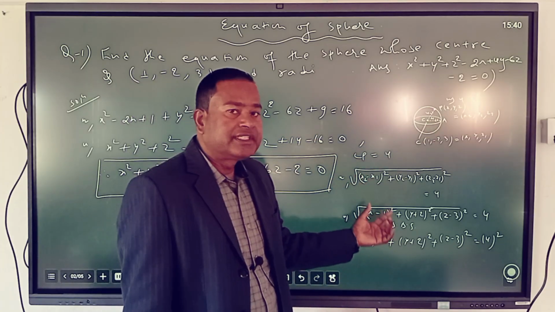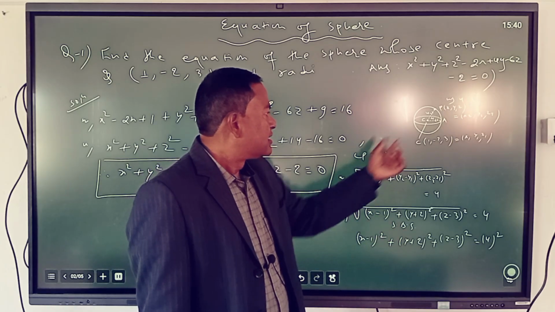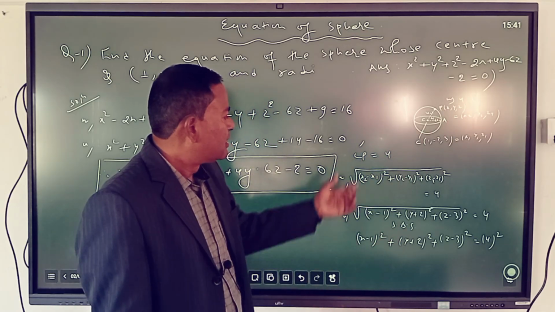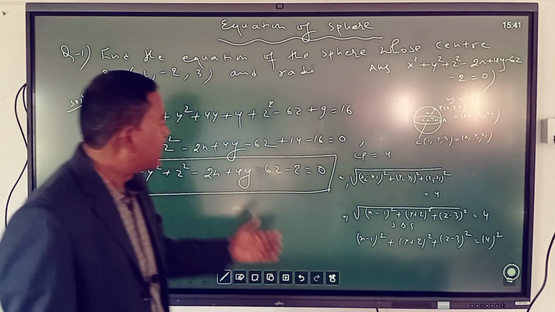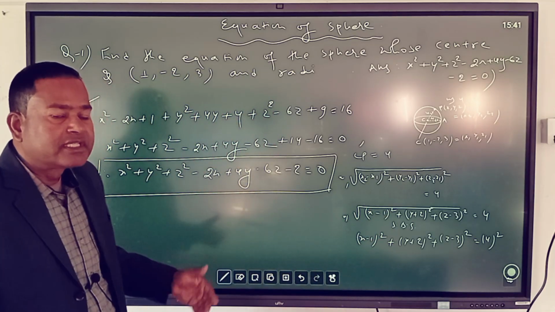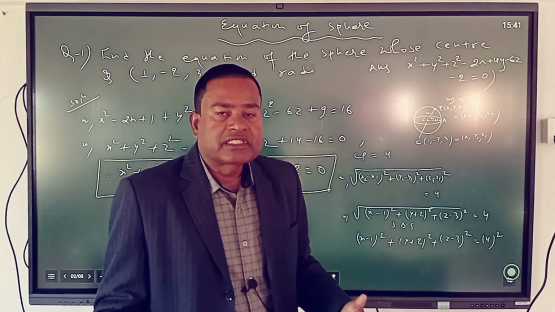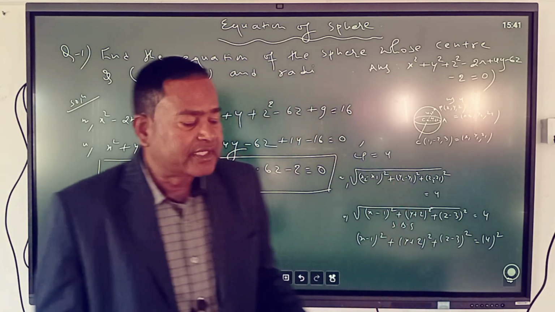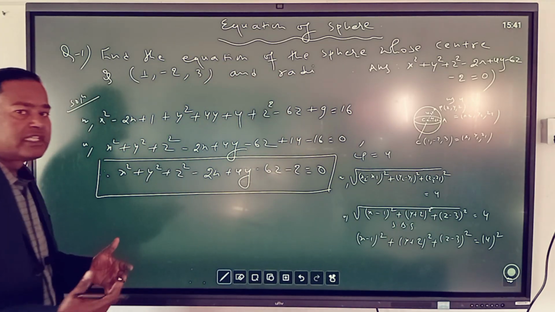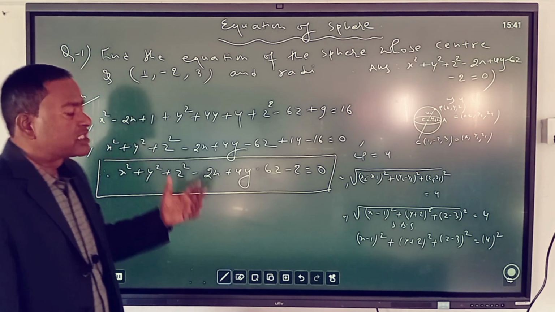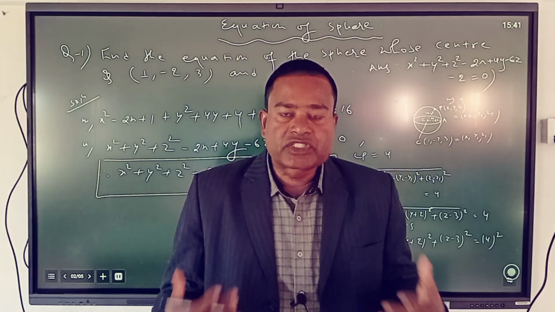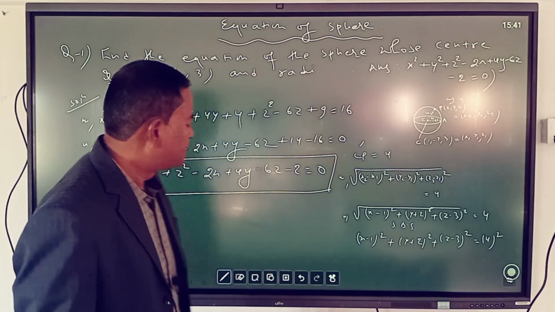So by using the distance formula, CP is equal to 4, which is the radius. Then after simple calculation, we have got the required equation of a sphere. Now let us move to the next question, which is also related to the equation of a sphere.